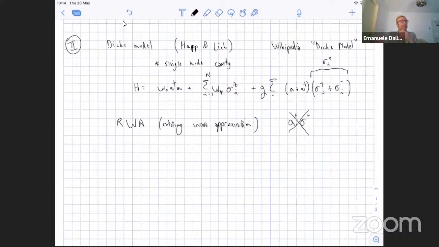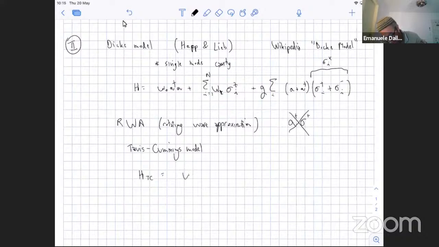One can ask, is it justified or not? But for the moment, that's what you do, based on energy conservation. And then what you are left with is a model known as the Tavis-Cummings model, which is the same model as the Dicke model, but without the counter-rotating terms. For completeness, let me write it down.